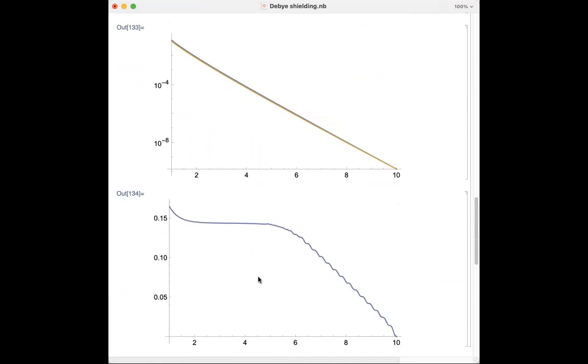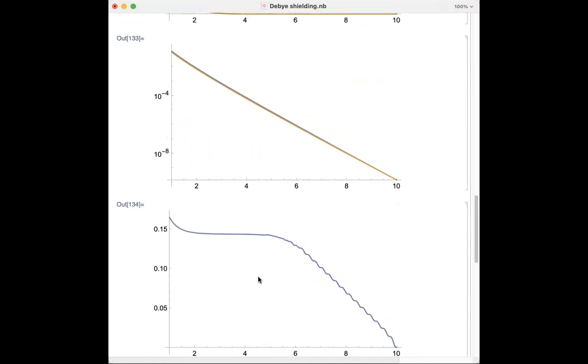Here I'm going to plot the relative difference between the two. And you see that it starts from 0, as it should, because I'm assigning as initial condition for my numerical solution that the two are identical at this point.